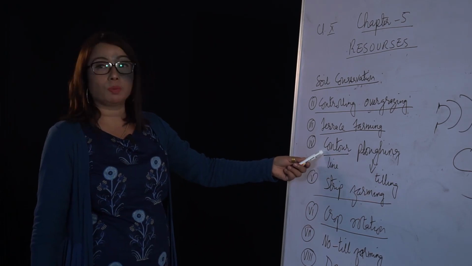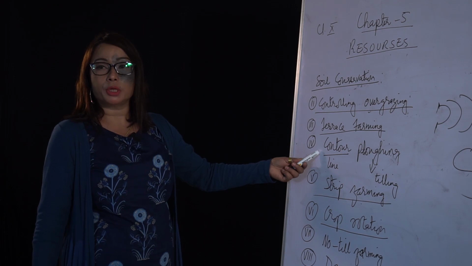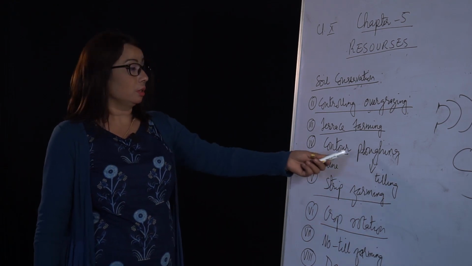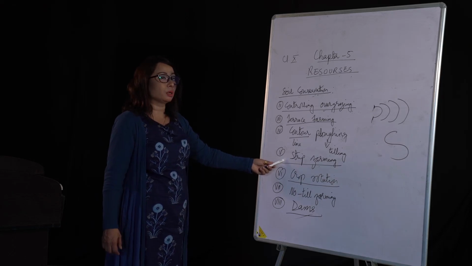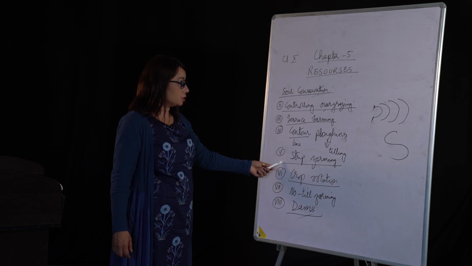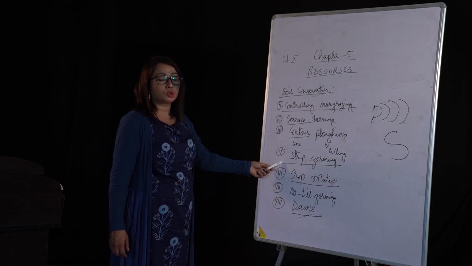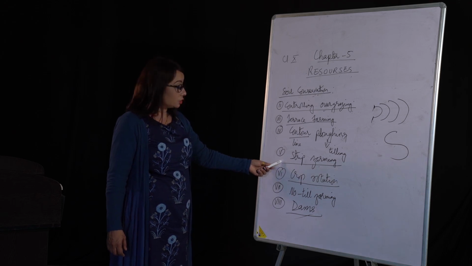Contour plowing, or plowing along the line, joining 2 points of equal height. This also helps in soil conservation. Then strip farming, a big plot of land is cut into strips, and in between each strip grasses and trees are planted so as to conserve soil.